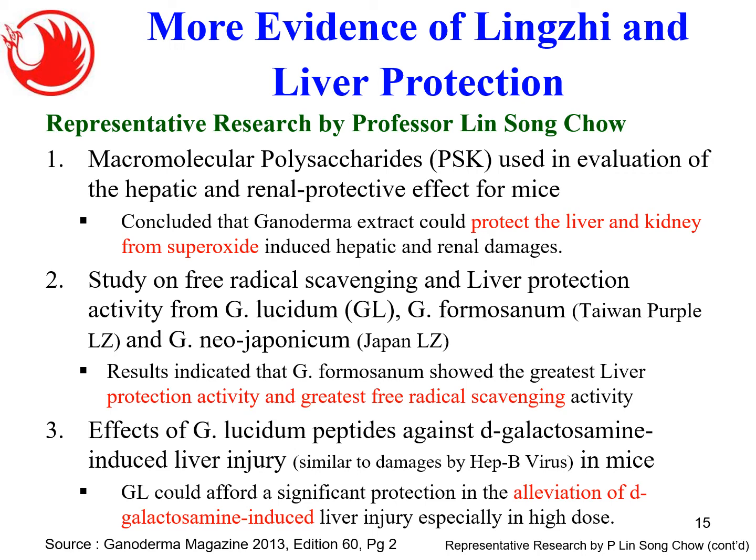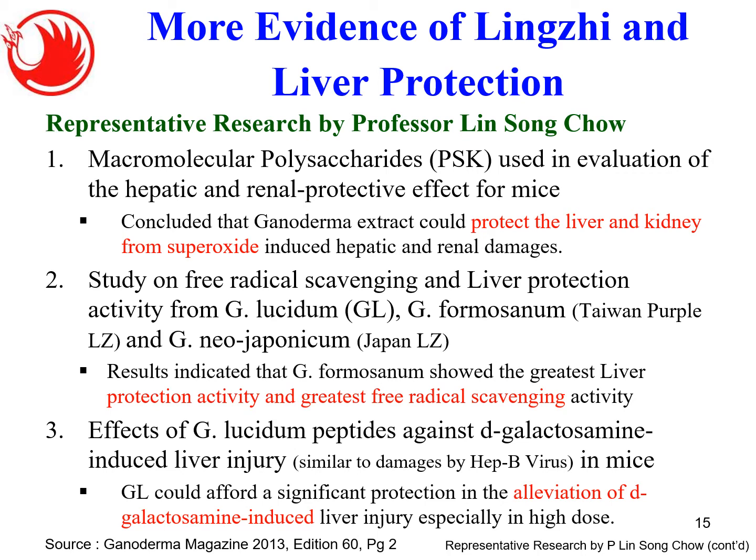From the study, they found that the Taiwan purple color type of linker showed the greatest liver protection activity and the greatest free radical scavenging, clearing activity.